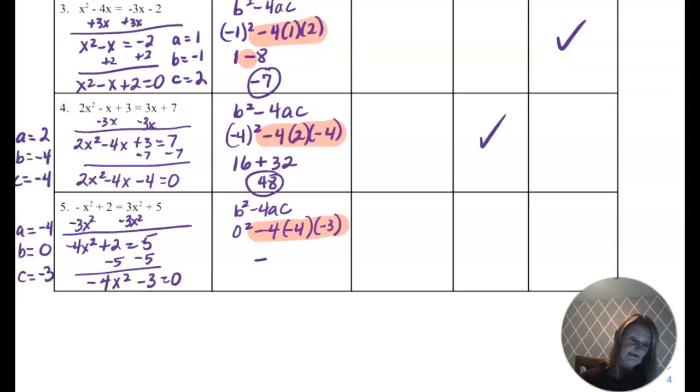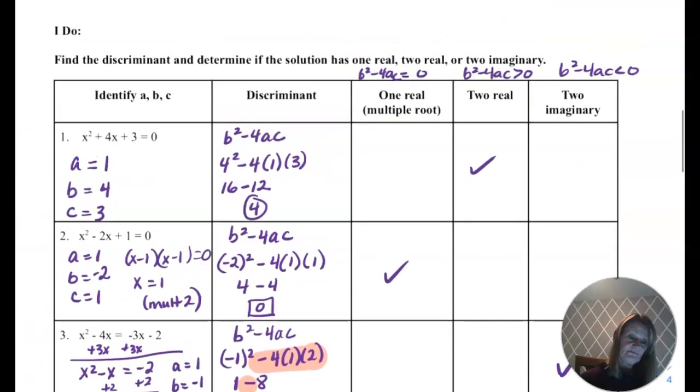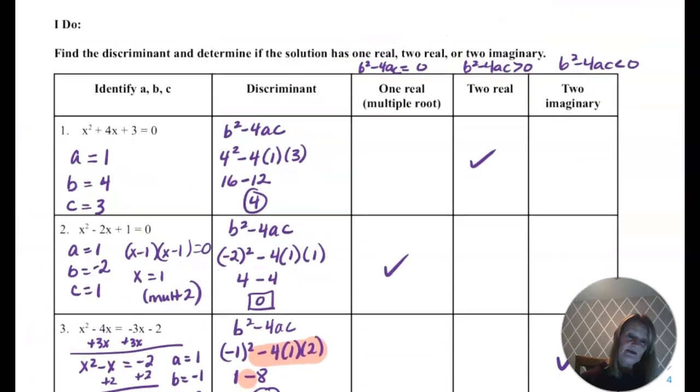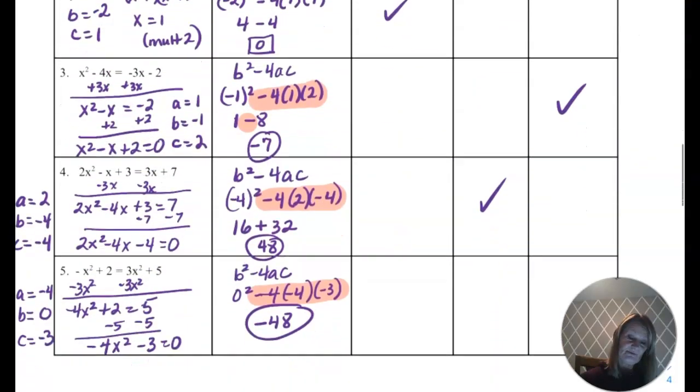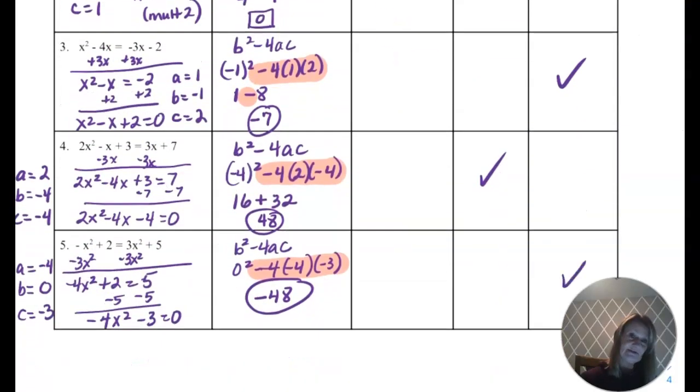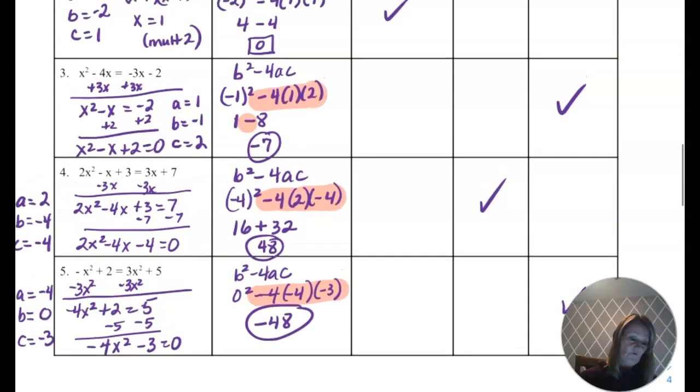And 4 times 4 is 16 times 3 is 48. So I'm going to get a negative 48. And if it is negative, then it is less than 0, which means I have 2 imaginary roots. Okay, so hopefully that makes sense.